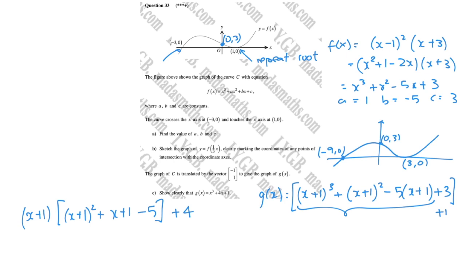Okay, so now when you expand this, it's much easier. I'm just going to write down the final answer. I mean, no, I shouldn't, because the final answer is already given to me. I'm not going to get any marks for that.